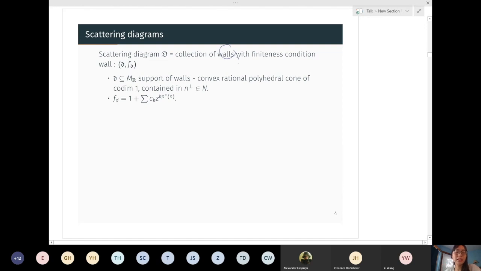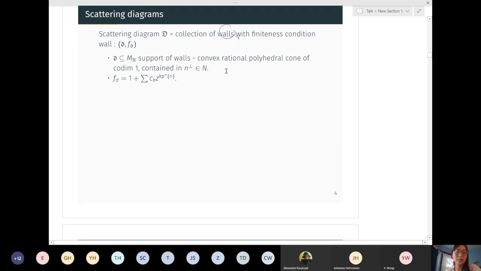A wall here has two data. It's not like the usual cone, but it is still like a hyperplane in some sense. We have D, which we call the support of the wall, coming from some convex rational polyhedral cone of codimension 1. You can think of it as a hyperplane, because I have a normal n of this wall, and then f is a function.